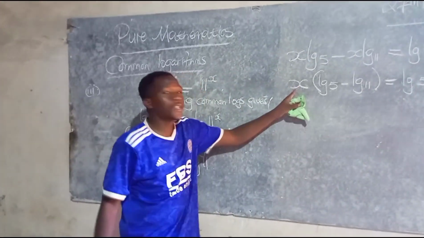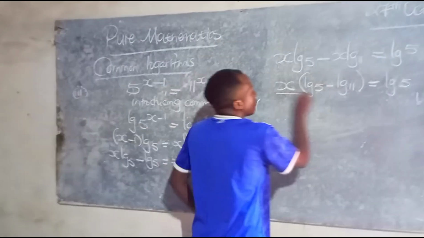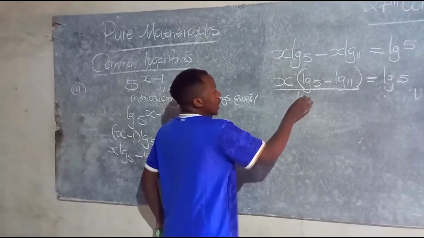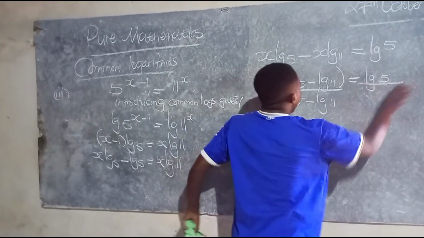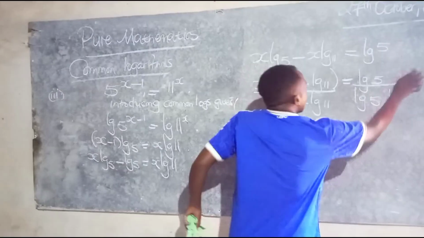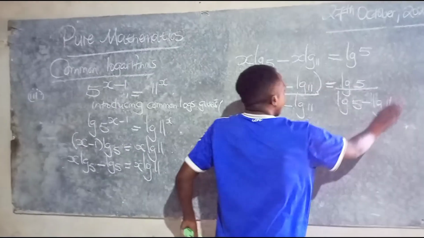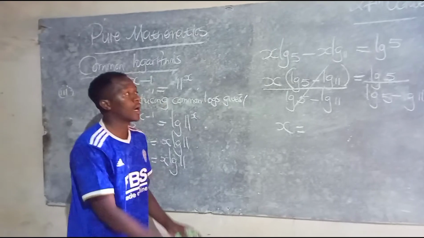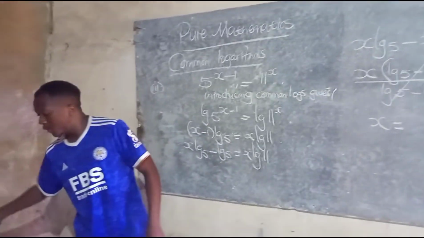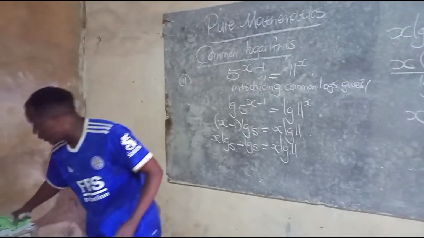Our main area of interest is to find x. So we will divide with log 5 minus log 11, then over log 5 minus log 11. So that and that cancel. So x equals log 5 over log 5 minus log 11. We are now going to evaluate and see what follows.